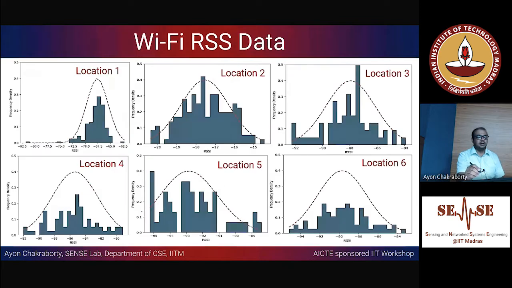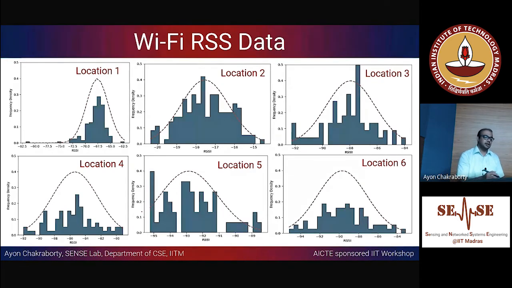So what you will see is that for every such location you will have a different and unique distribution of RSS. Okay, this is a histogram I have shown, and you can fit some kind of probability density function to that particular set of data points. You can always do that, right? Whatever I've shown you is a frequency histogram, right?